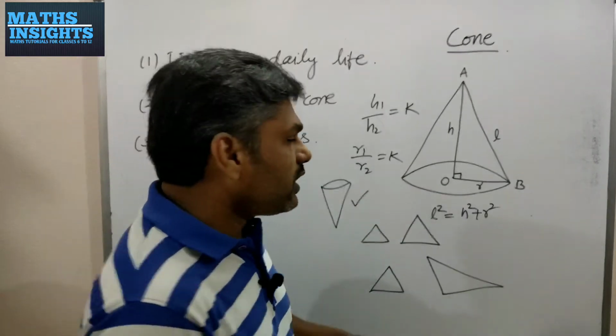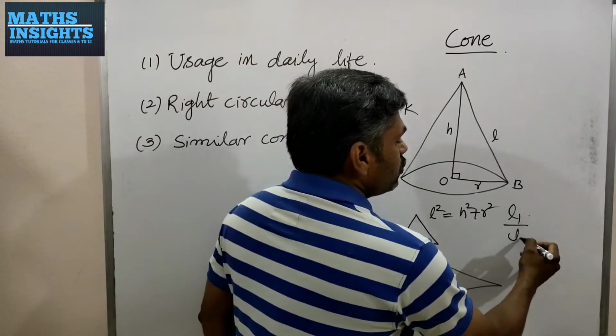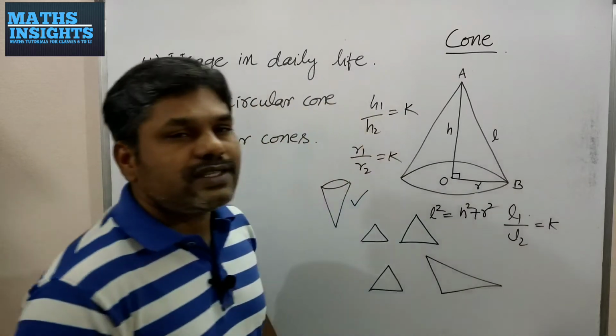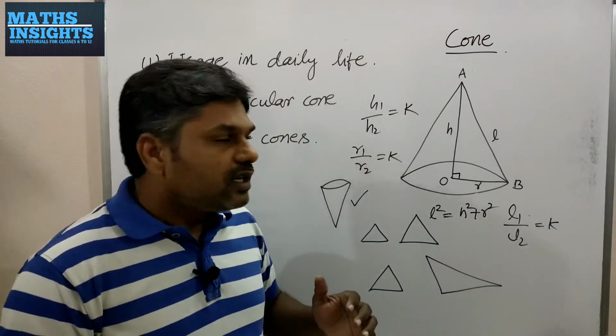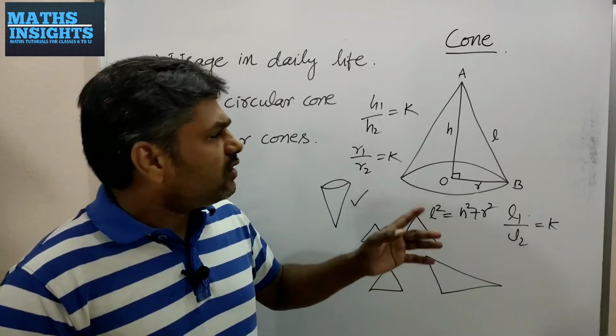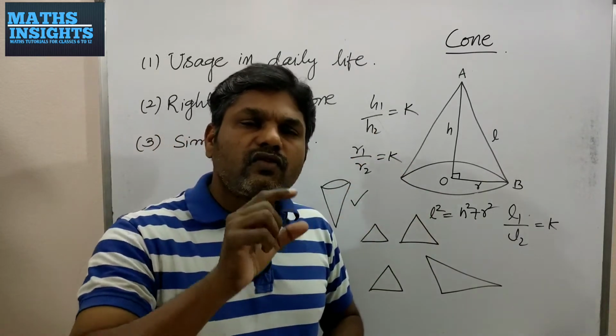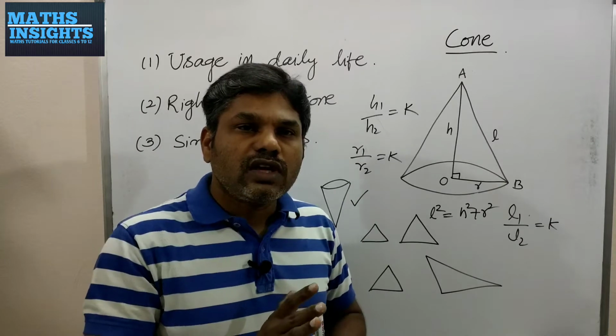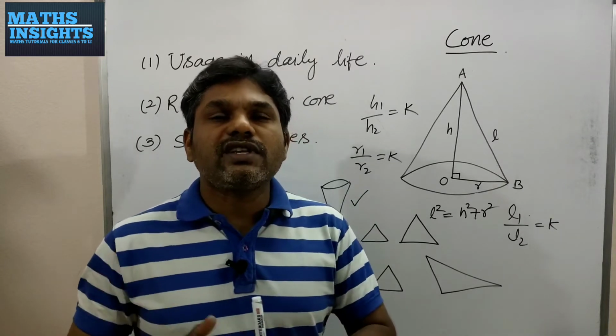Similarly, L1 by L2 is also k. This is the main important formula in similar figures, in our case, similar cones. Very simple. If you increase one dimension of the first cone, you have to increase all the dimensions in the same ratio.